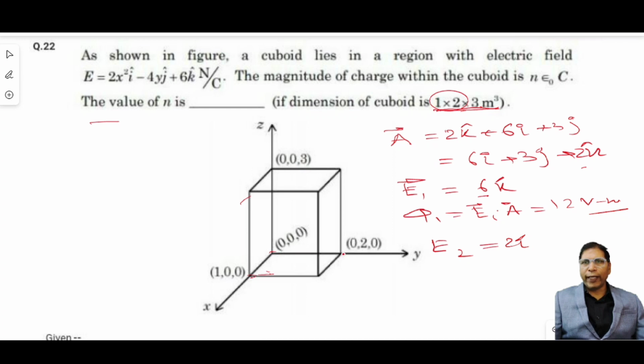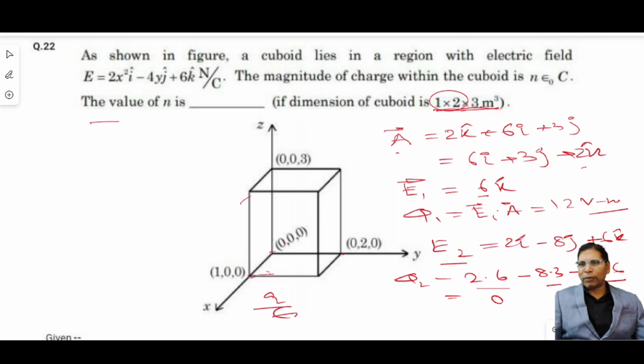Electric field along the y-axis is minus 8 j cap. And electric field along the z-axis is 6 k cap. So flux phi 2 is E2 dot A. So look at this, this is 2 into 6 minus 8 into 3 plus 2 into 6. Now 2 into 6 is 12, 2 into 6 is 12, and this is 24. So phi 2 is 0.